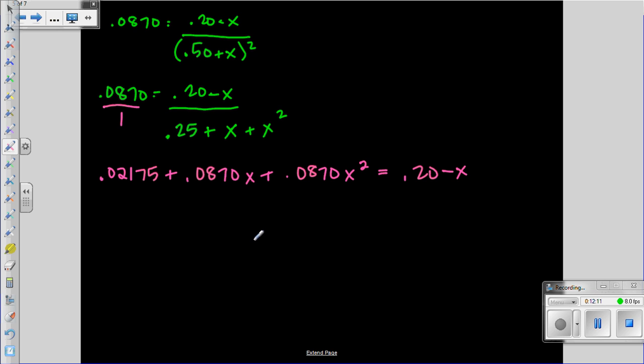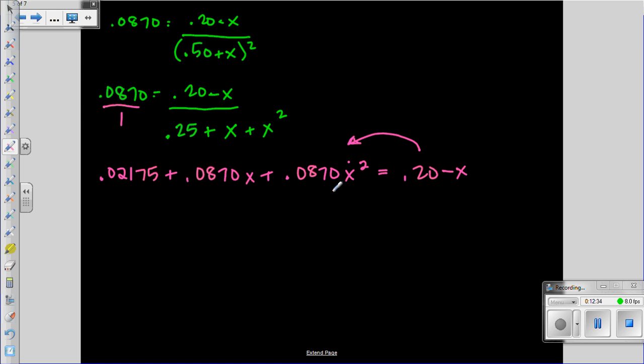What I want to do now is combine like terms. So I am going to move both of these to this side. I'm going to add x and subtract 0.20.